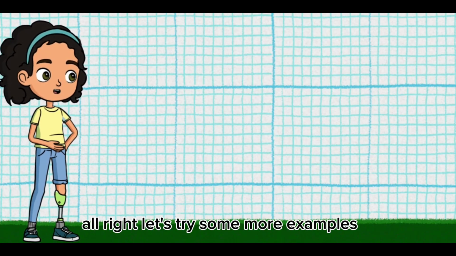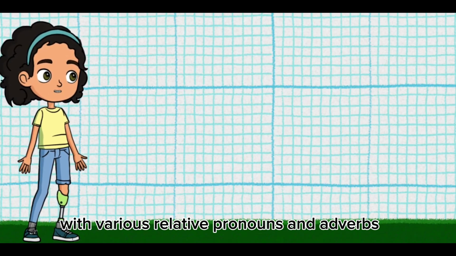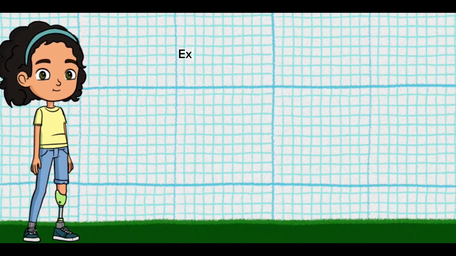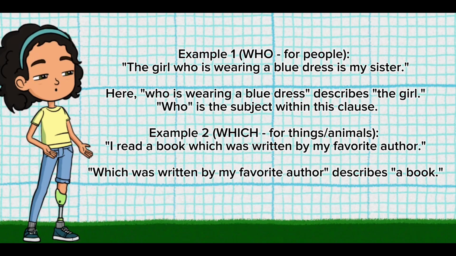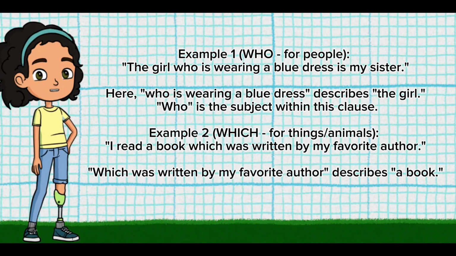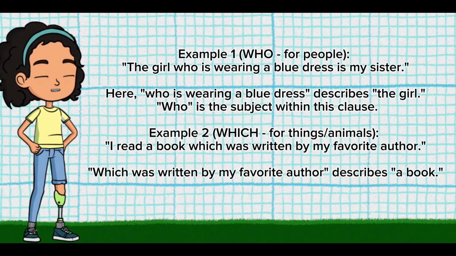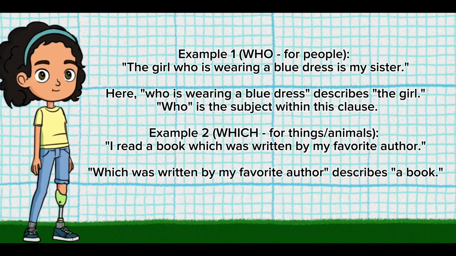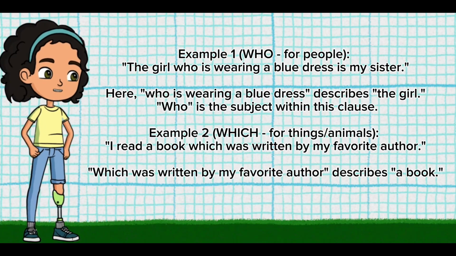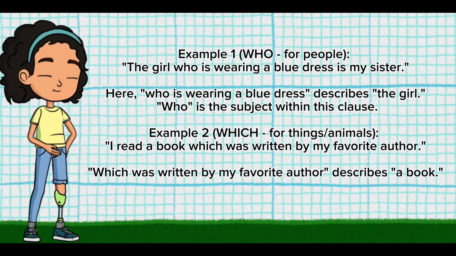Alright, let's try some more examples with various relative pronouns and adverbs. Pay close attention. The first example, we use who for people. The sentence is: The girl who is wearing a blue dress is my sister. Okay? Here, who is wearing a blue dress describes the girl.